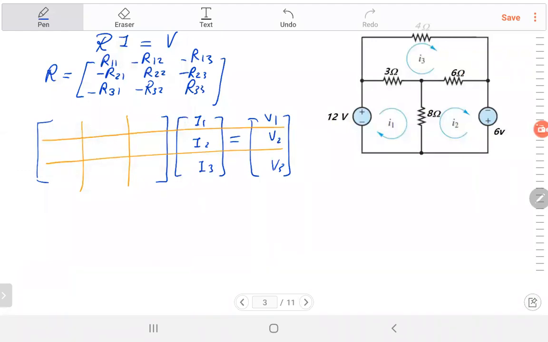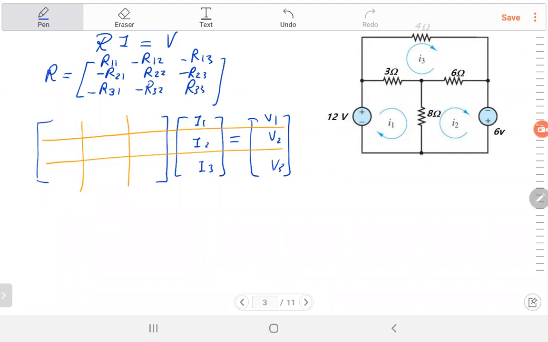Let's find the values of each entry. Our matrix is very simple, very similar to what we did in the other analysis. There we were finding the sum of the conductances connected to one node. Here we'll find the sum of the resistances in each mesh. For example, in mesh 1, you have 3 ohm and 8 ohm.